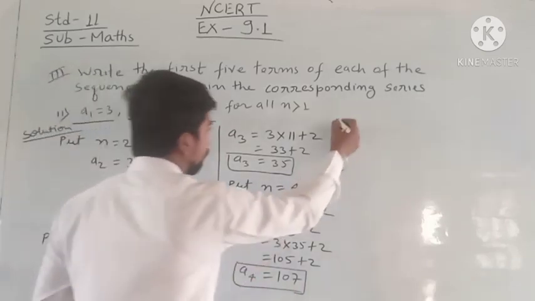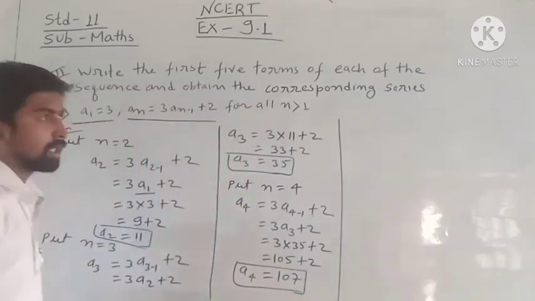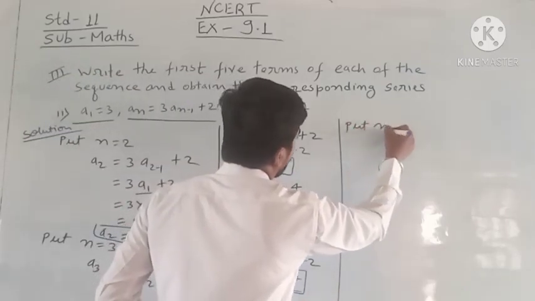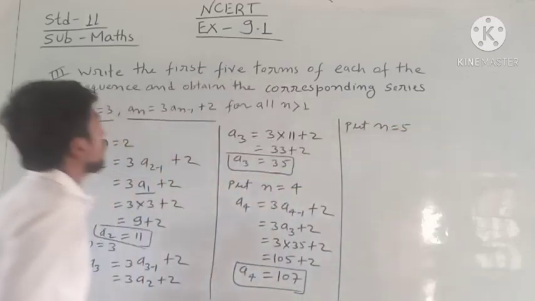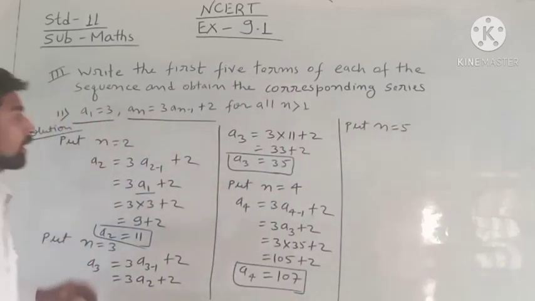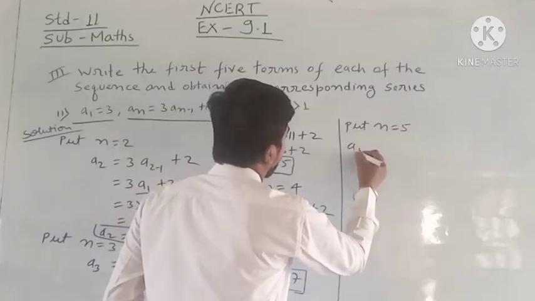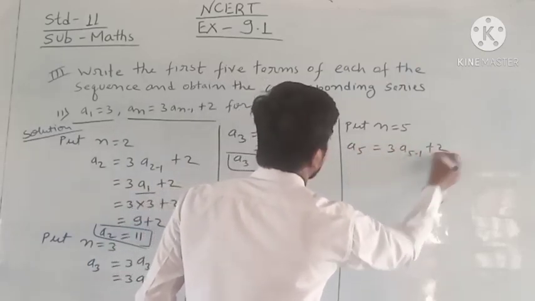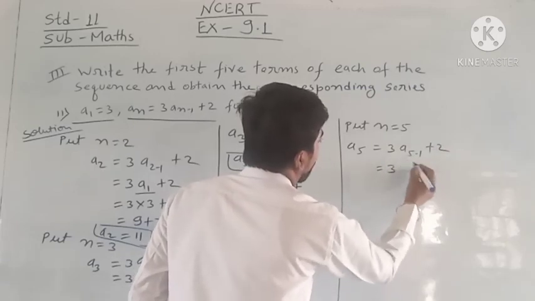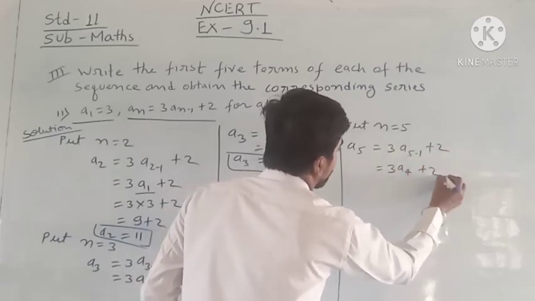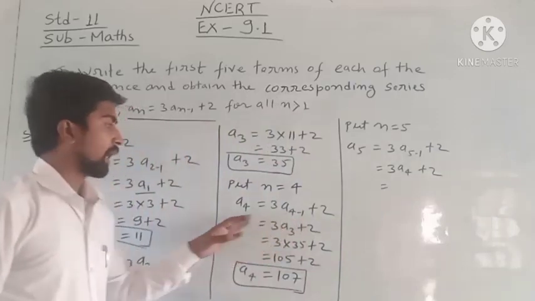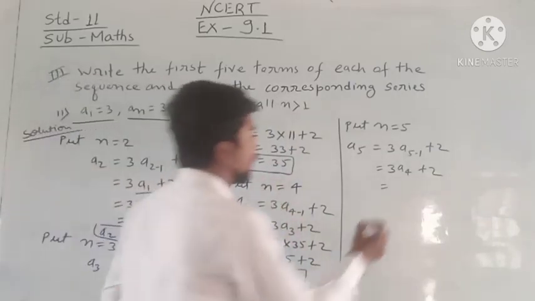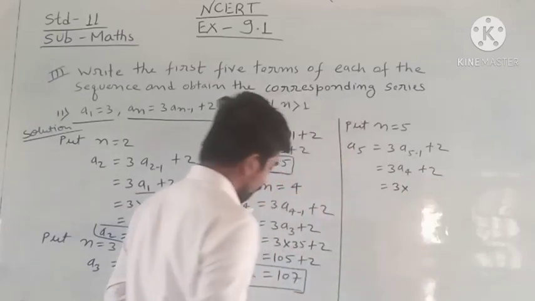Now it's turn to find fifth term. To find fifth term, we will put n equals to 5 in the sequence, and this will be a5 equals to 3 into a5 minus 1 plus 2, 3 a5 minus 1, a4 plus 2. It means that fourth term. And what is fourth term? It is 107. So we will put 107 on the place of a4.